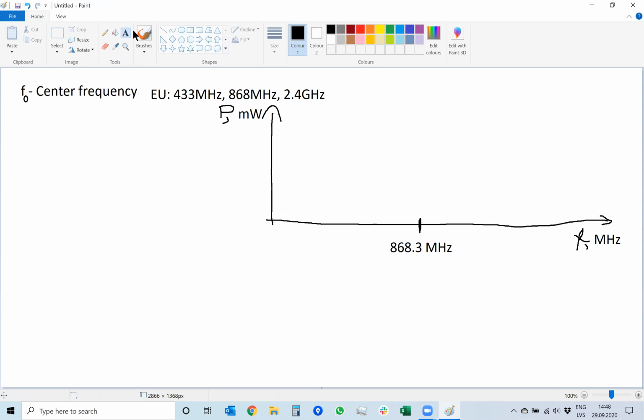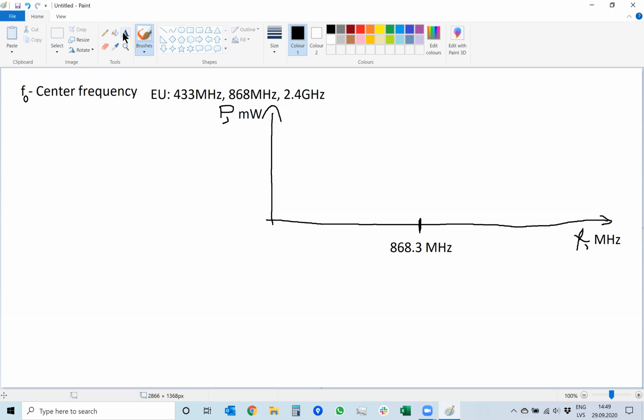But the thing is, you could, for example, transmit at 868.3 megahertz, but the problem is if you just transmit a signal, well, that signal doesn't really transmit any information. You're just pushing a signal into the air. So what you need to do is you need to do some kind of modulation or encoding such that the signal changes depending on the information that you want to send.